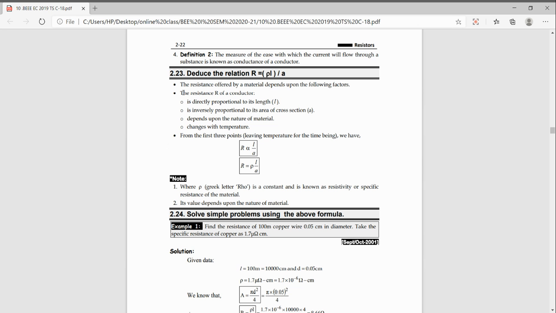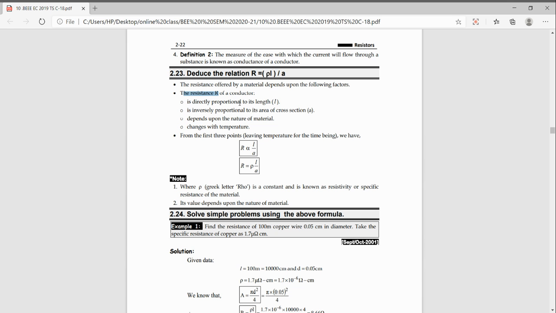Here the resistance R of a conductor is directly proportional to its length and inversely proportional to its cross-sectional area, and depends upon the nature of the material and changes with temperature. So these four things you have to remember about how the resistance will depend.